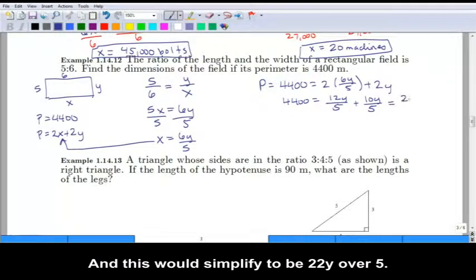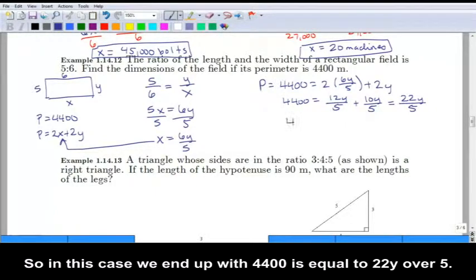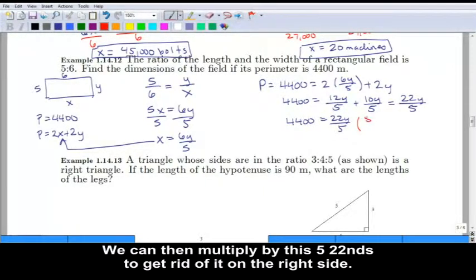And this would simplify to be 22y over 5. So in this case, we end up with 4,400 is equal to 22y over 5. We can then multiply by this 5/22 to get rid of it on the right side.